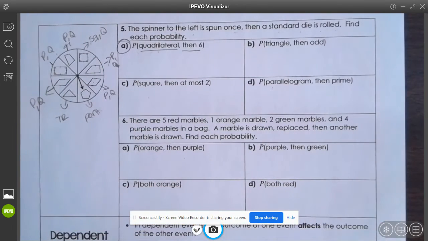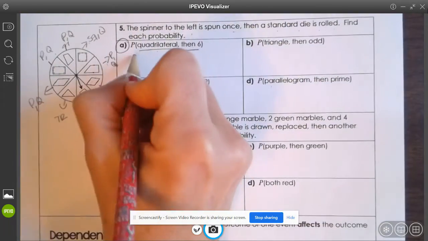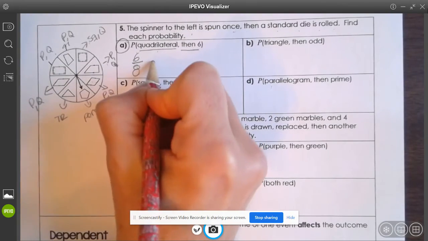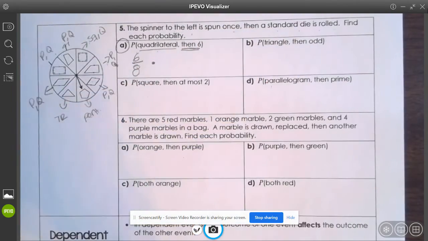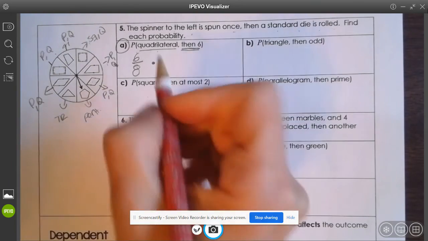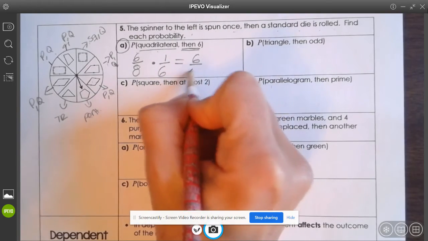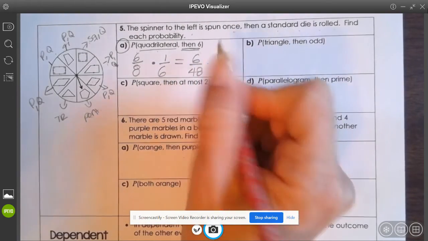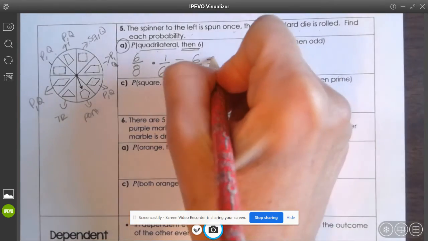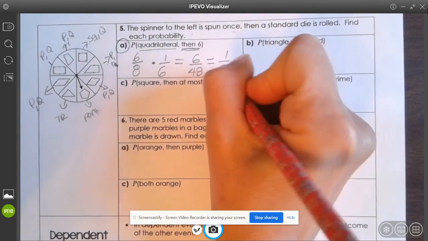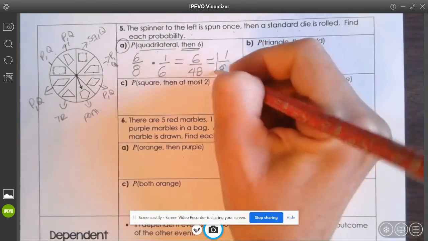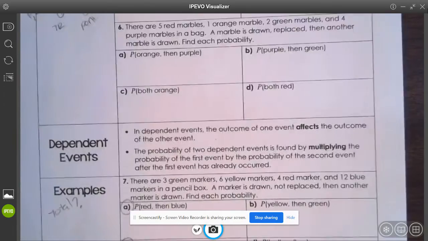There are 6 quadrilaterals, and there's a total of 8, and then you roll a die, and then you get a 6. So there's 1 six in those numbers. Then you multiply that, 6 over 48. 6 goes into 48, so we divide, and it's 1 over 8. That's your answer.